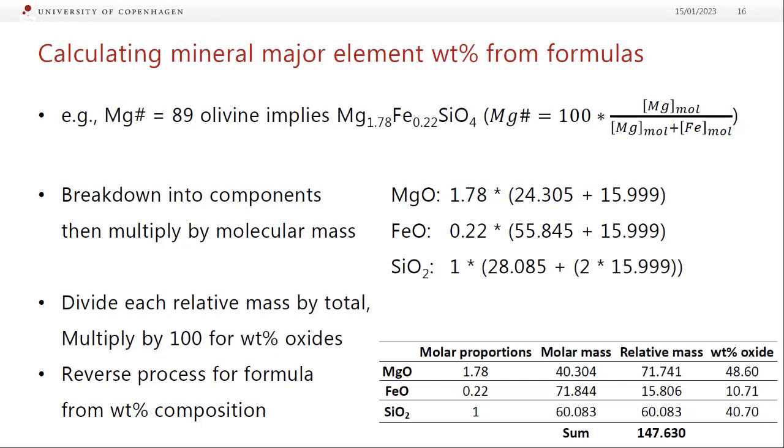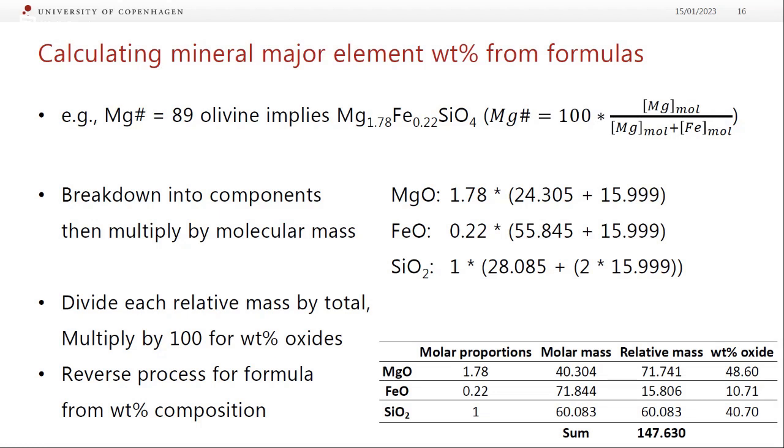From that, we break it down into these different components: MgO, FeO, and SiO2. We just multiply each one by the molecular mass. So for MgO, magnesium's got a mass of about 24, oxygen's about 16, and so on for the other ones.